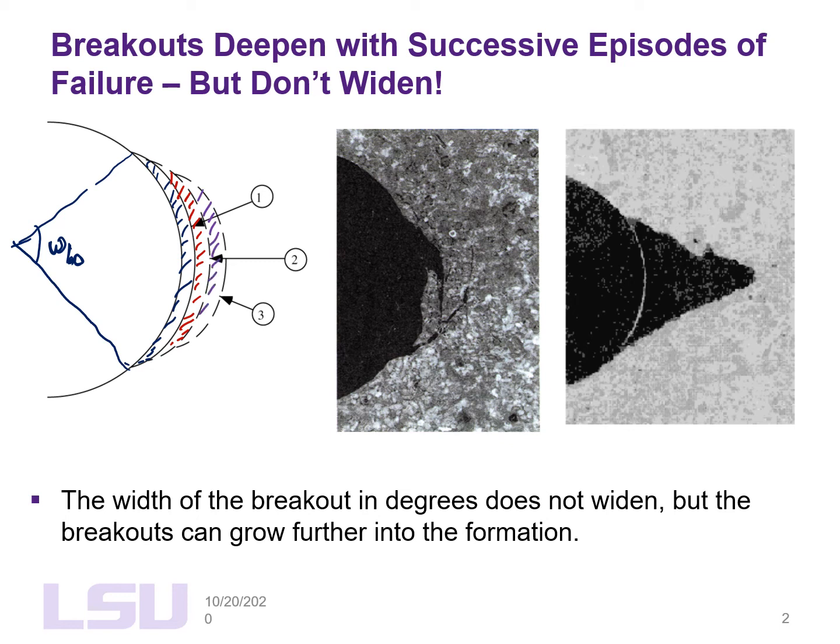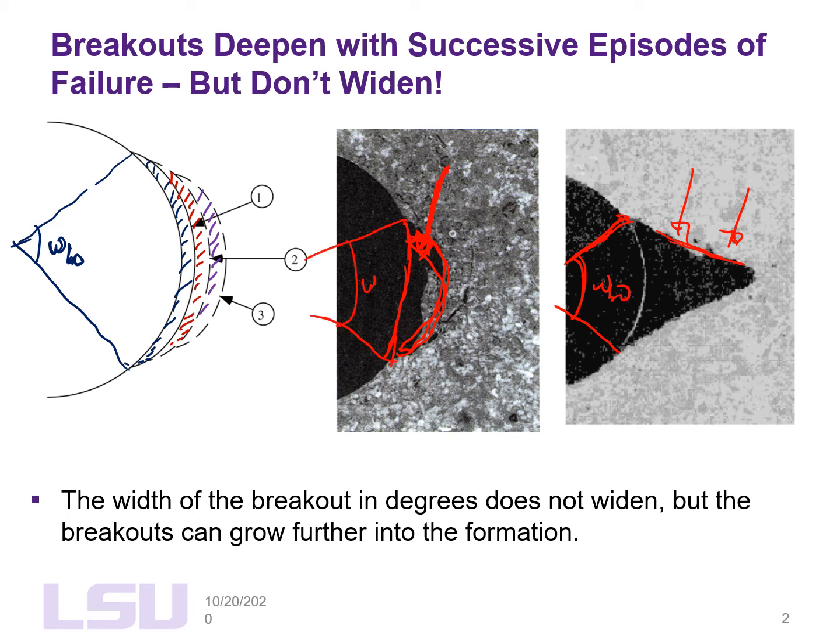And this is an actual image showing that. So at this instant in time, it used to be like this, right? This is the part that has failed. But further and further in time, it goes deeper and deeper into the rock. But you see this width of the breakout really never changed.